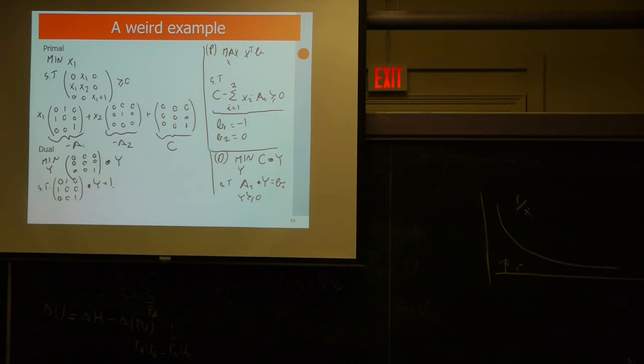And there's another constraint that the inner product of A2 and Y should be 0, right? Okay, so what is this expression? What's our objective? We want to minimize this. This is just Y33.